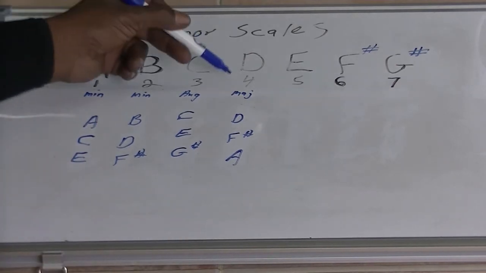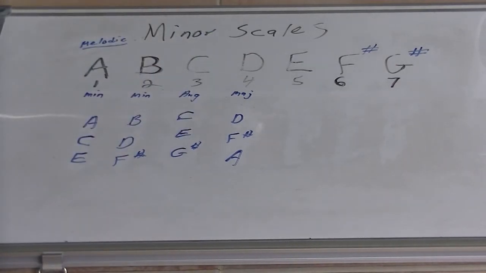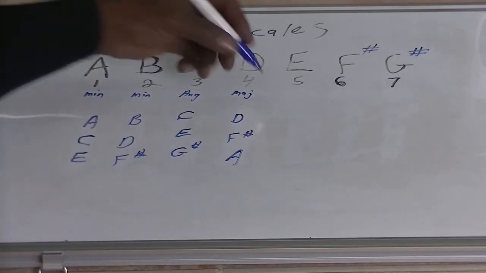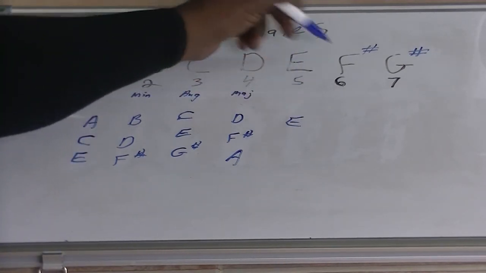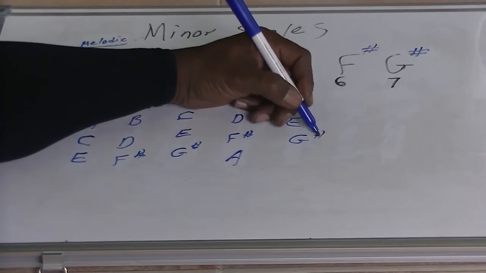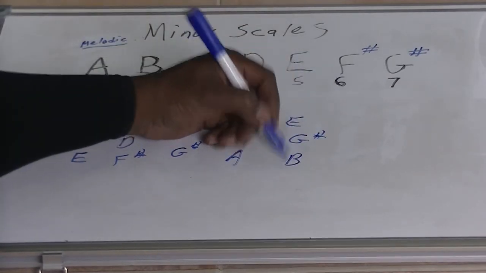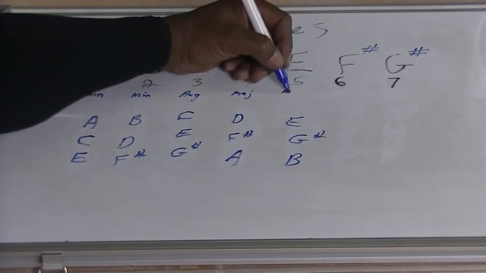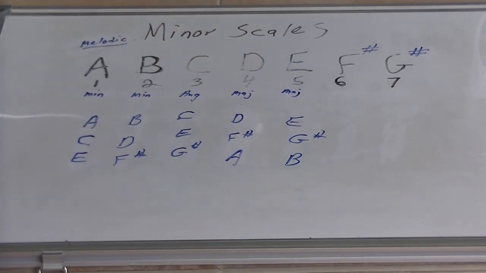So we have our D major chord now as a 4 chord. And when we look at our E chord, now we have E, G sharp, and B. So our E chord is now an E major chord.